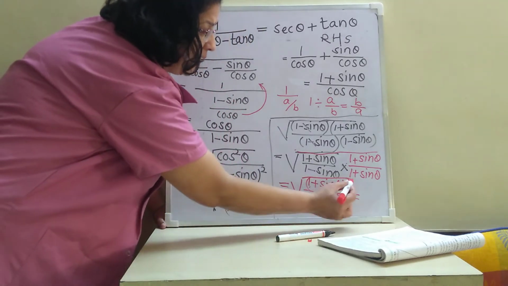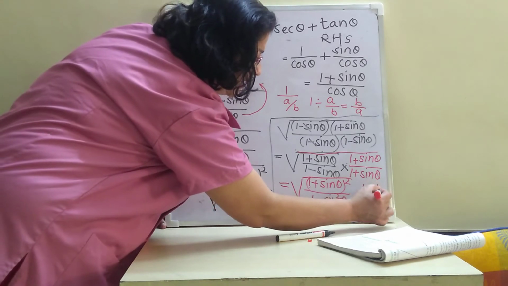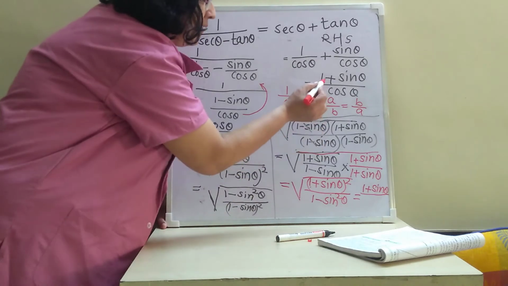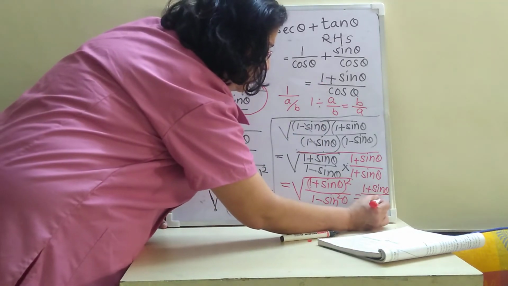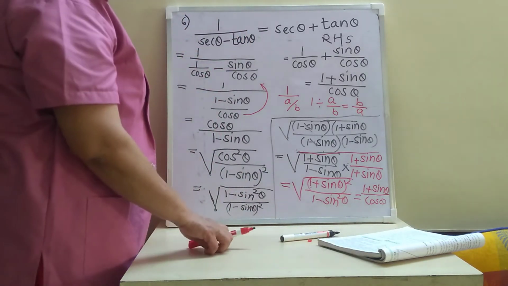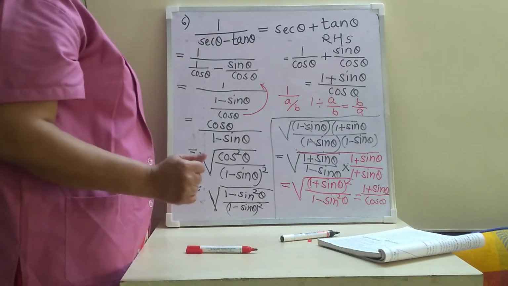This square root will get cancelled. I will get 1 plus sin theta and in the denominator 1 minus sin square theta, means cos square theta. If I take it outside, it is going to get cos theta. Okay, this is a very big example, but easy to understand. Go step by step, so you will understand.